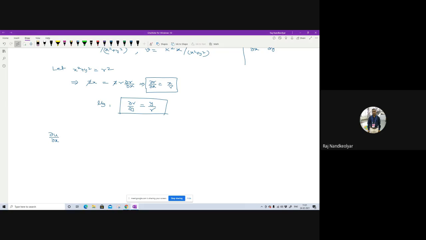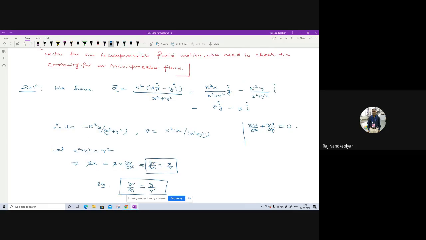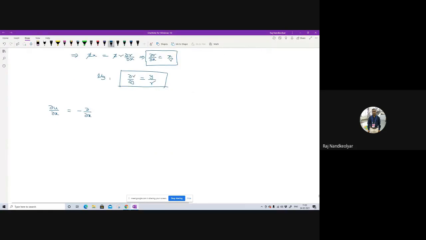So you have del u by del x equal to minus del by del x of k square y by r square. I hope it is clear to everyone. Any doubt in this? Let us differentiate this partially with respect to x.